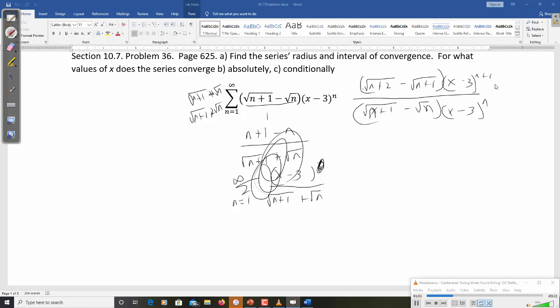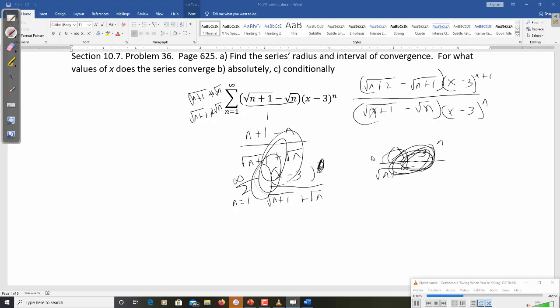So, working on this thing, it seems like you're going to have to do the same rationalization we did before. We already did this before. We know when we multiply top and bottom by this, it will become x minus 3 to the n over square root n plus 1.